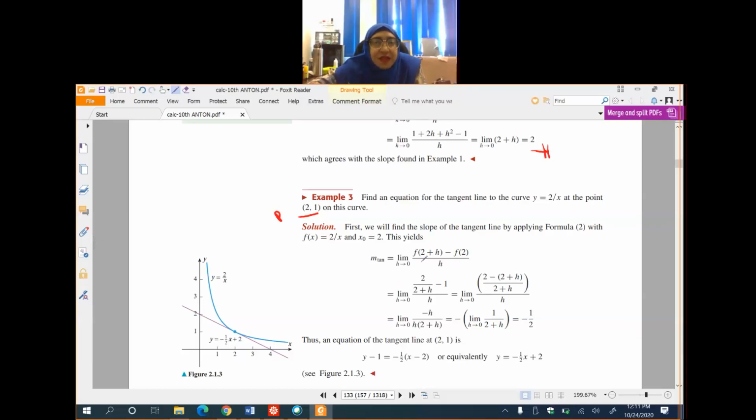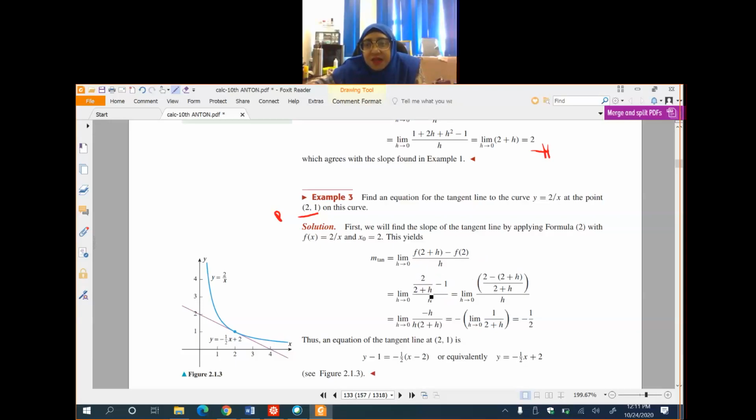Okay, and then you substitute. Since you are dealing with y equal to 2 divided by x, f of 2 plus h will be 2 divided by 2 plus h, minus 2 divided by 2. F of 2 is 2 divided by 2, it gives you 1. And then you divide with h and you simplify this.